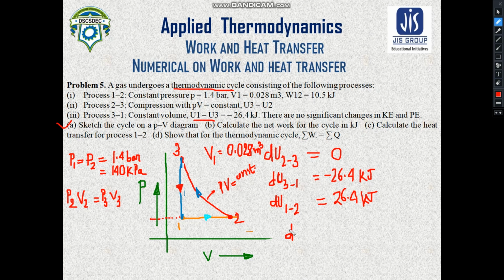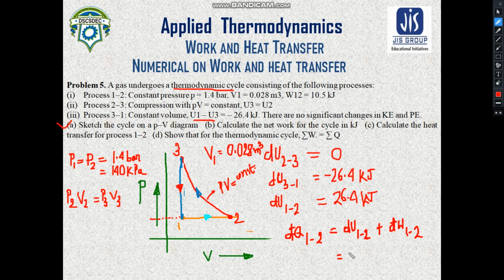Now let us apply this information to find the heat transfer for the process 1 to 2. Now we know this simple information: dq 1 to 2 will be equal to du 1 to 2. I am writing this thermodynamic equation each time, because I hope that by writing these equations you will get used to it and you will never forget the terms. Though it is very simple, if you have the concept you can do it at any time, but still it is better to write it down.